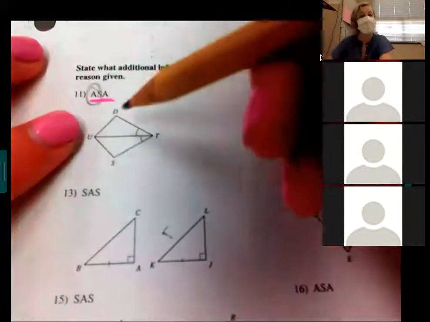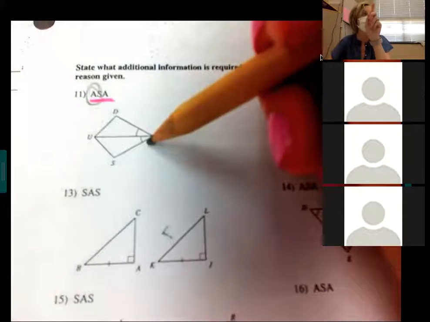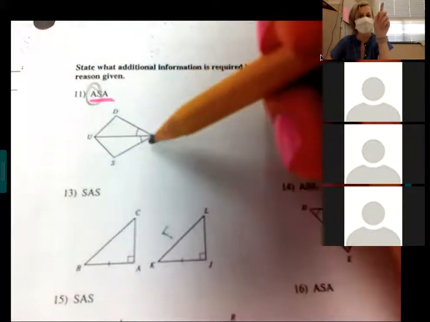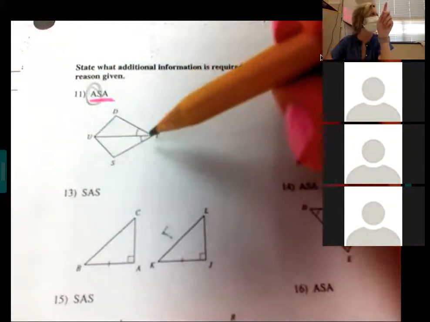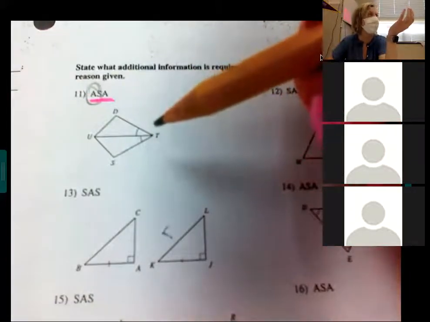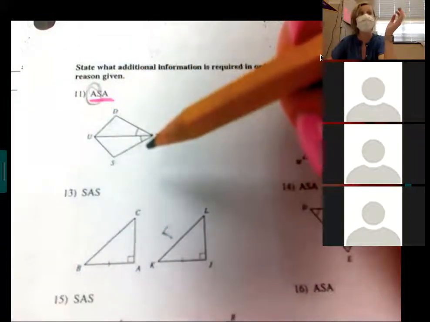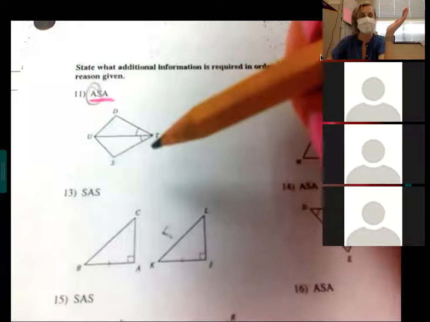Everybody look. You have an angle here congruent to an angle here. That's one set of angles, right? This middle side is going to be the same because it's in the middle. They're both touching it. So the side is the same. We're missing this angle. Can you just say angle U?